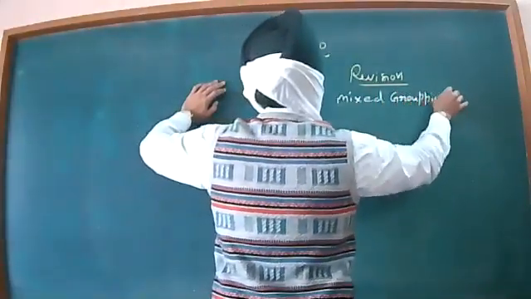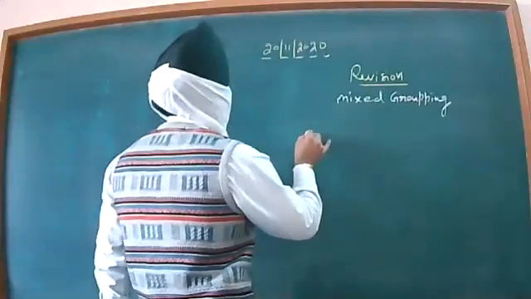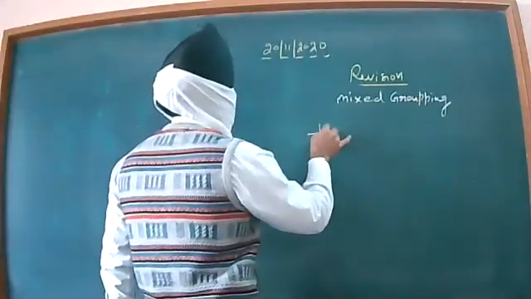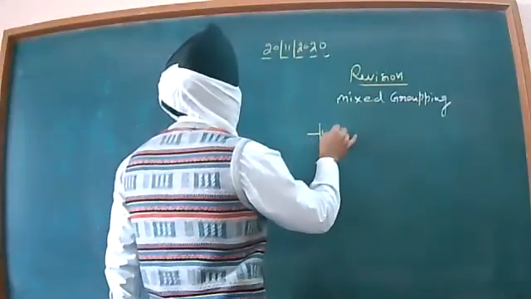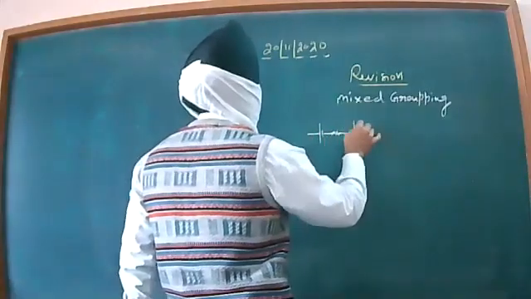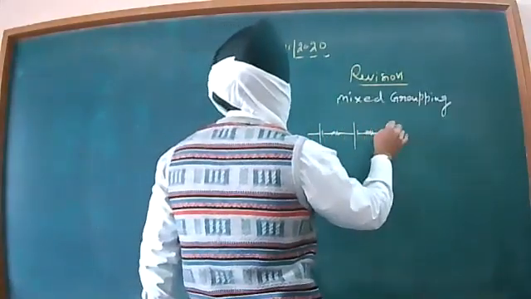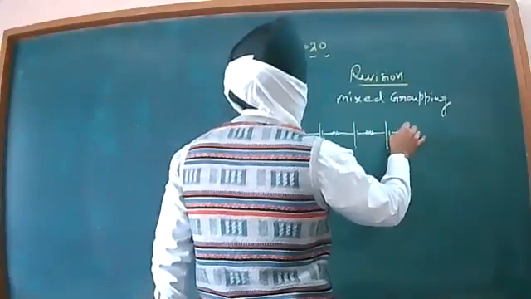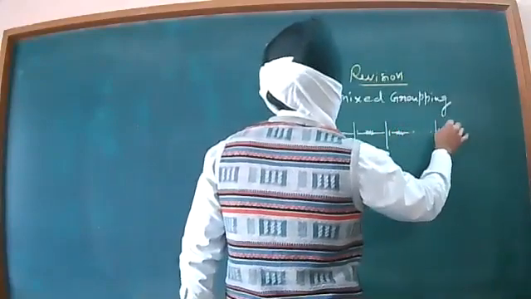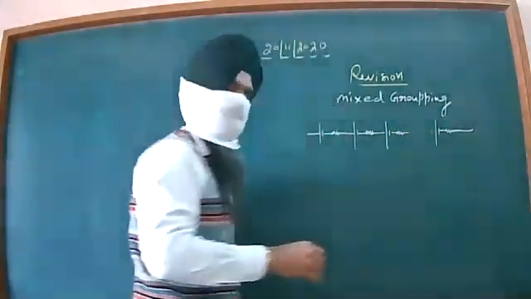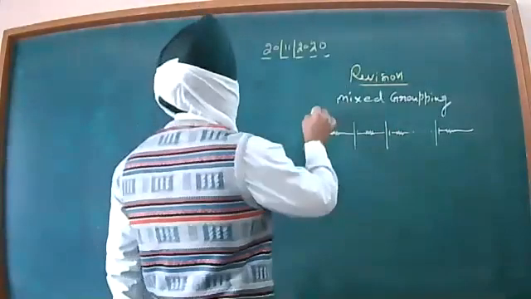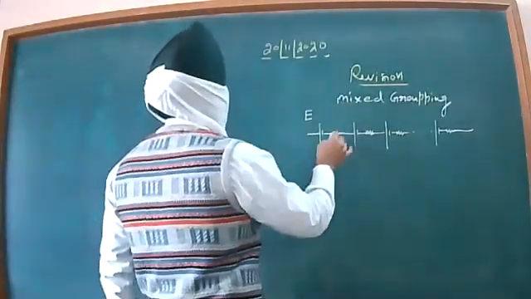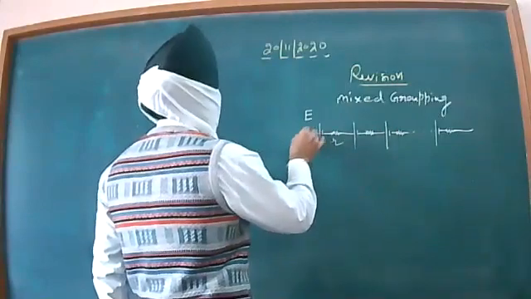In the case of mixed grouping, suppose this is the first cell with internal resistance small r, the second identical cell, the third cell, and so on up to the nth cell. Each cell has an EMF of capital E and internal resistance small r.